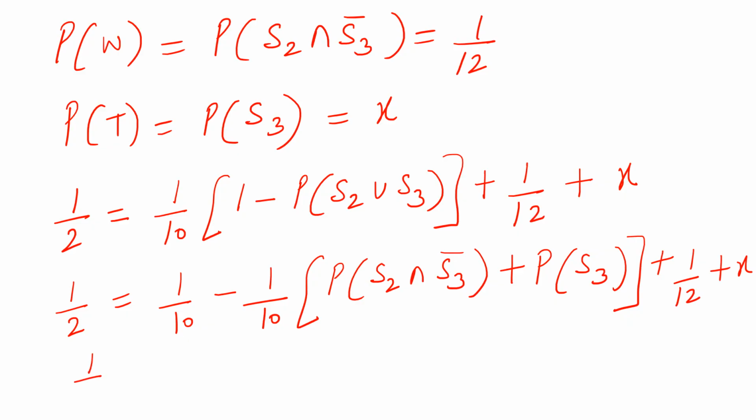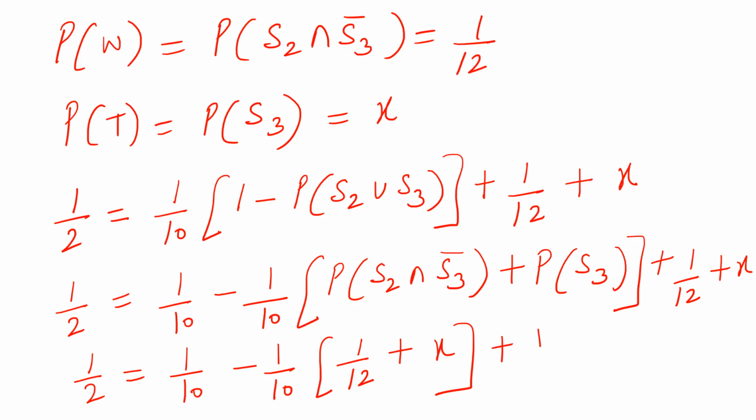Now students, we can easily solve this equation because now probability of S2 intersection S3 bar is 1 upon 12 and probability of S3 is X. So now we will solve this linear equation in terms of X and get the value of X.